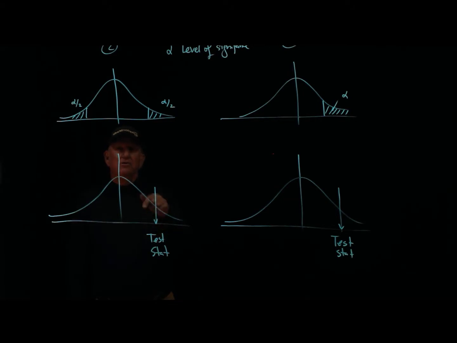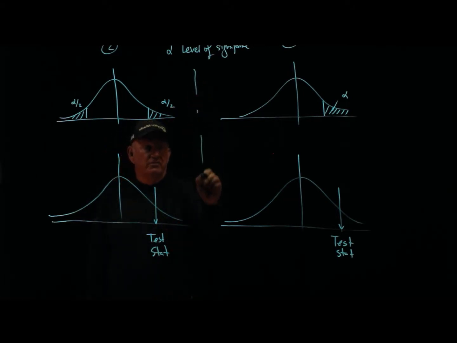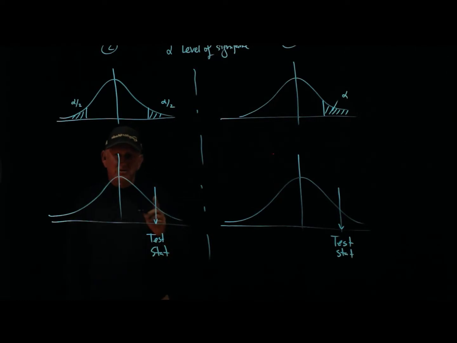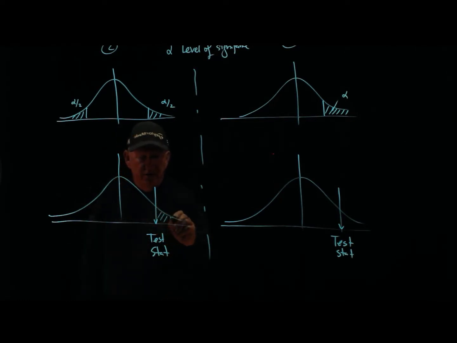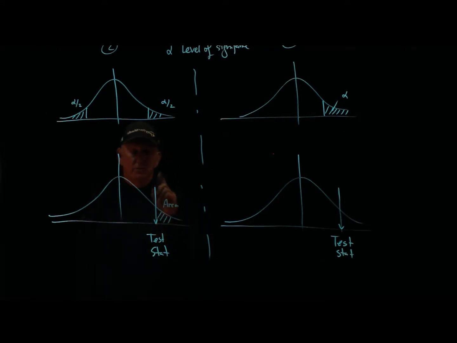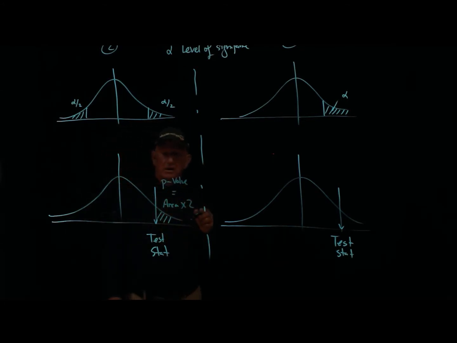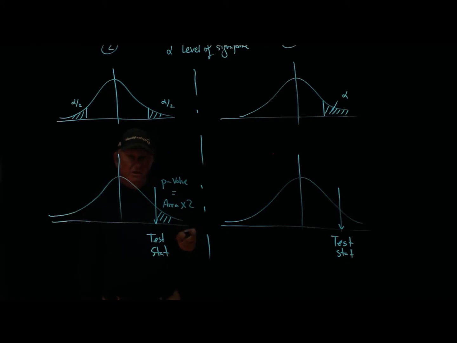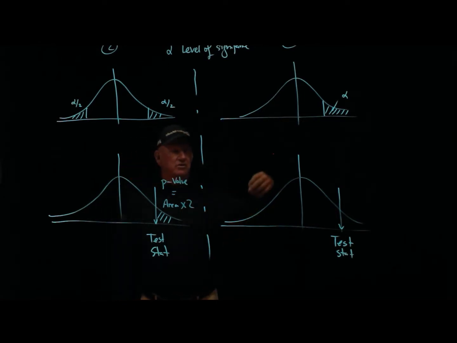So in a two-tailed test, the manner in which you calculate it is you find this area. And for a two-tailed test, the p-value is equal to this area times 2. You probably don't recognize that because your calculator is doing that for you. When you run a hypothesis test with your calculator, there's a place to enter whether mu is not equal to mu0, greater than mu0, or less than mu0.